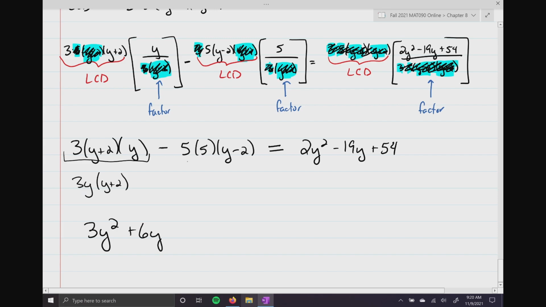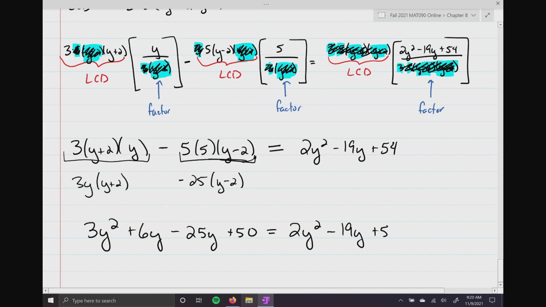Now, for the second term here, remember, you got a minus sign out front. So 5 times 5 is 25. So this is going to be negative 25 times y minus 2. So that's going to give me minus 25y plus 50. Okay? Equals 2y to the second minus 19y plus 54.